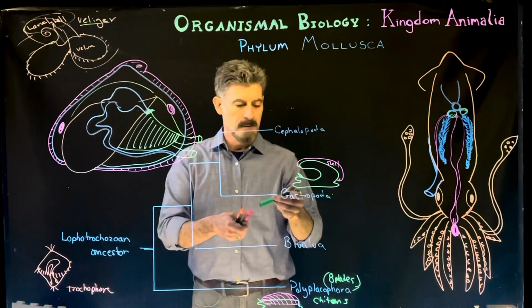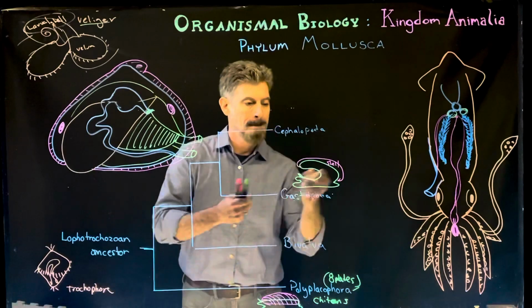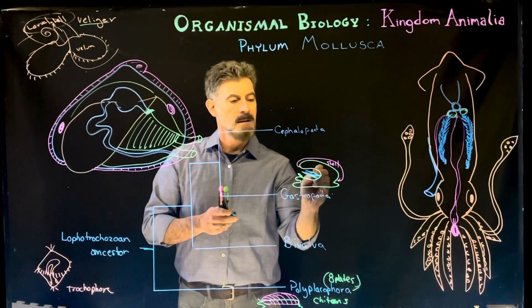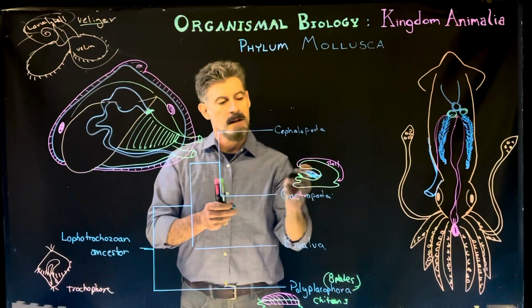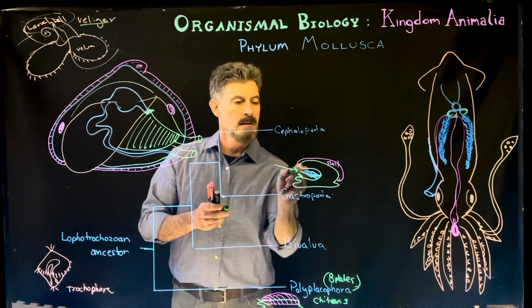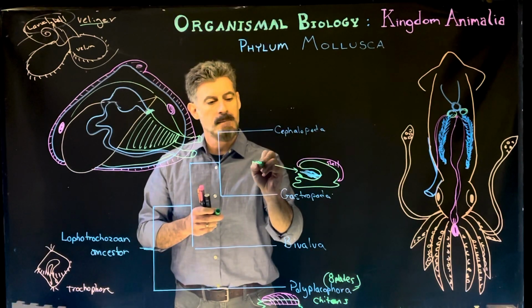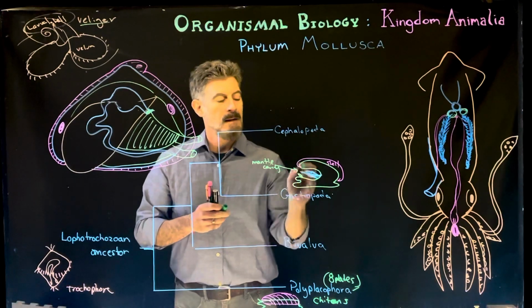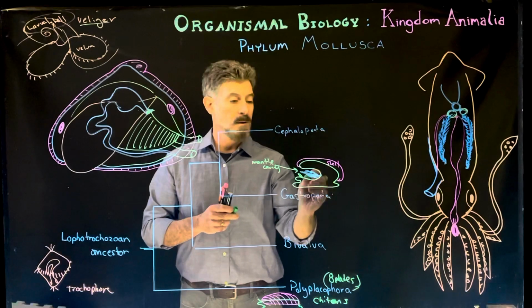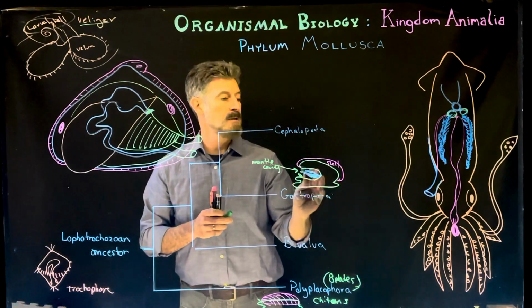The key difference here is, so this is the gill, representing the gill type structure, and this chamber here is representing the mantle cavity. And they have a head and a foot and the mantle and all the different layers and the way the organization is in the nervous system and digestive and everything else.